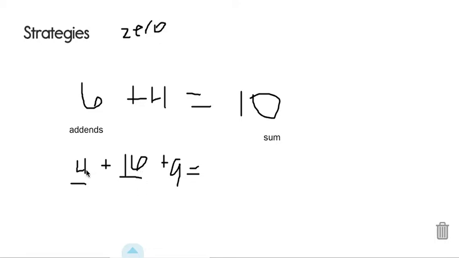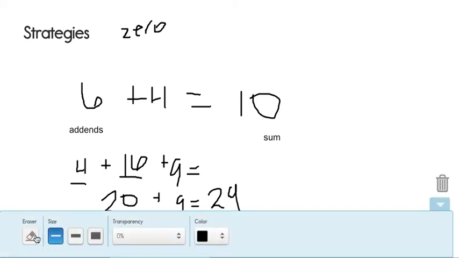Well, I know 6 and 4 is 10, so I know that together these are going to be 20. So now I have the problem 20 plus 9, and that equals 29. So we want to look for groupings that make these addition problems easier.